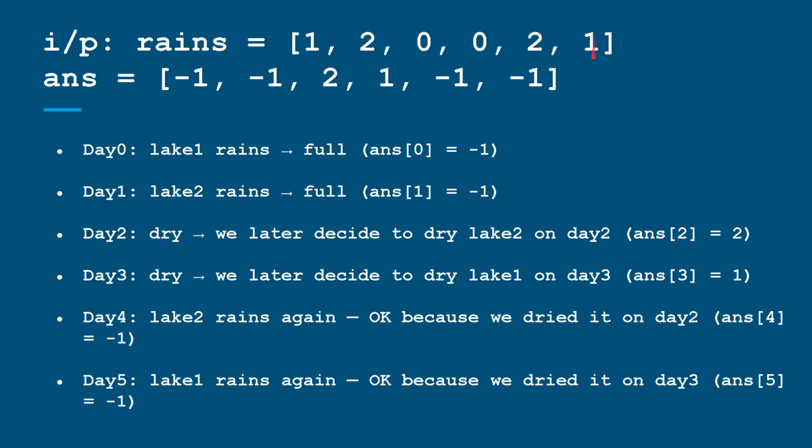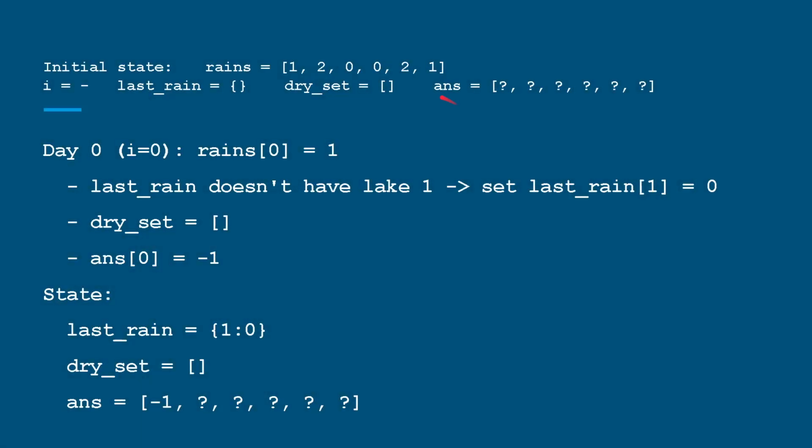Similar for this case, answer at this is -1. When it is a rainy day, you just put the value -1. In other cases, when it is 0, you have to decide to dry a lake, right? Which lake we have to dry, that we have to understand. Let's try to understand how we'll decide and how we are going to choose that.